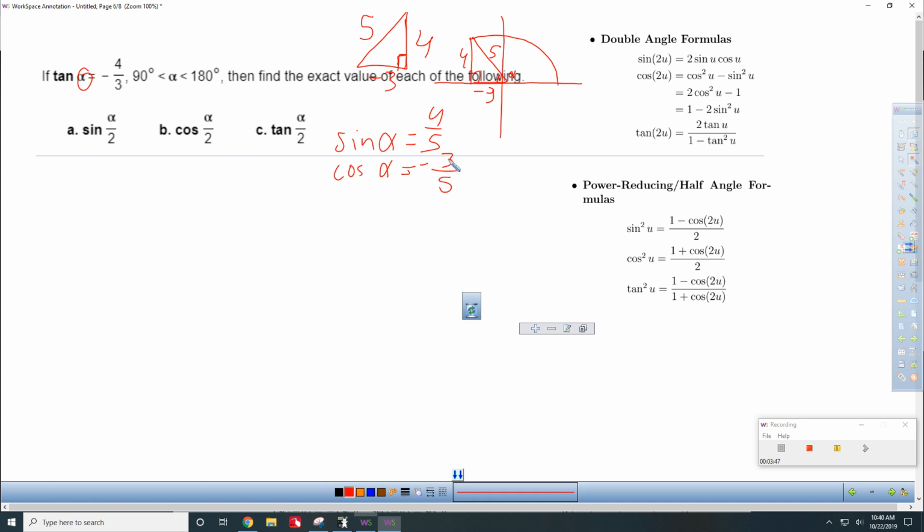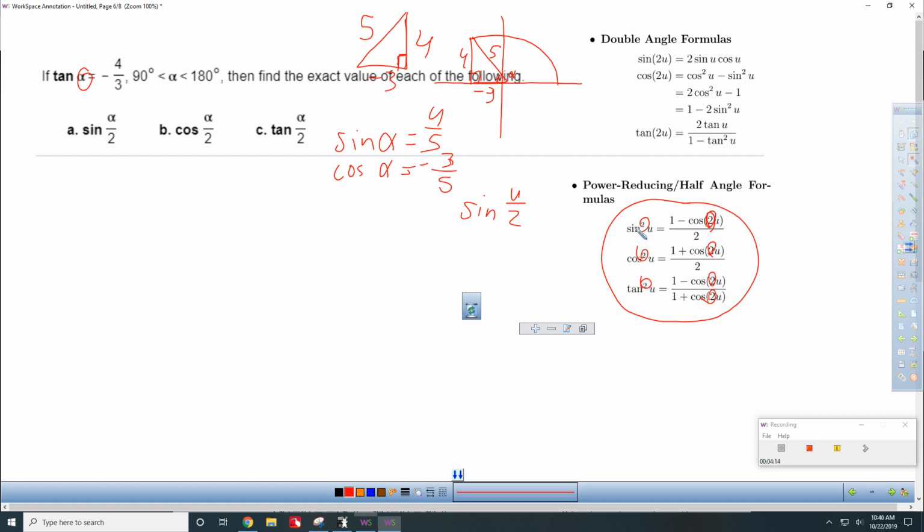So now we can use the half angle formula, which actually is not on the sheet right now. You have to get it from this. Using this, to get sine of u/2, you divide the 2 out of the equations and also square root it to get rid of the square right here.